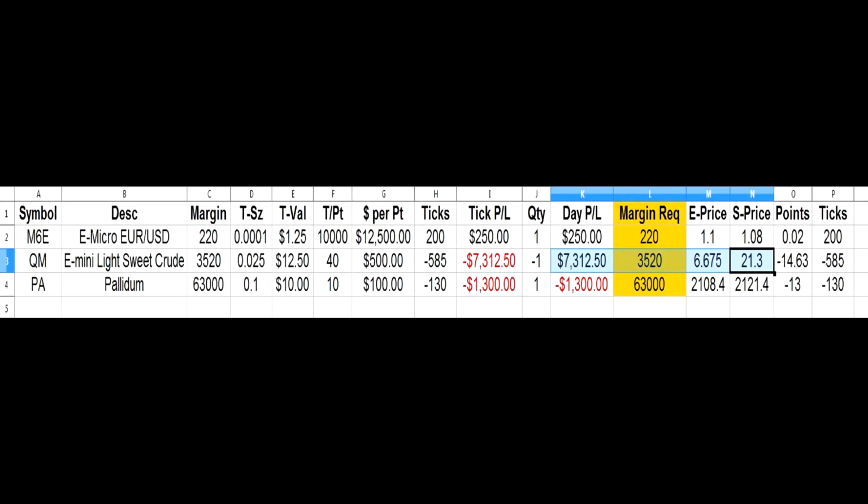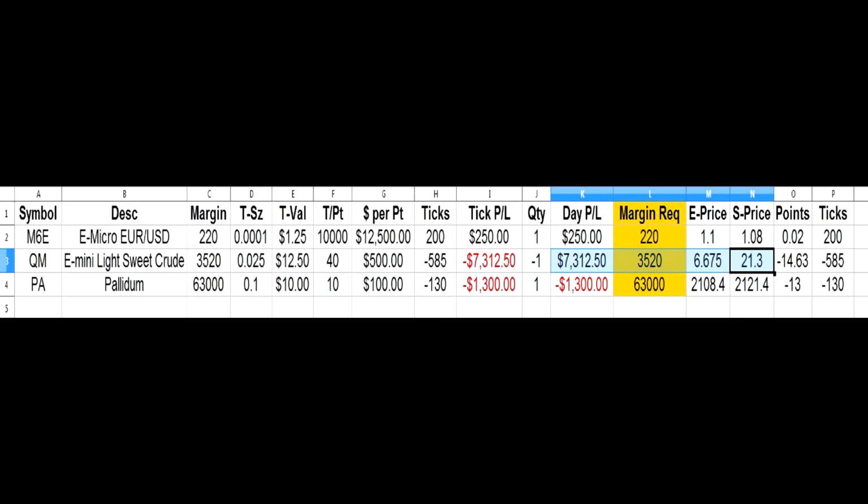Okay, let's take a look at the next thing. You'll notice on the screen now that on the second row, QM for E-mini light sweet crude, if you go to the right all the way to columns K, L, M, and N, you'll notice I have kind of highlighted in light blue there. Now, today being April 21st, 2020, light sweet crude oil futures crashed, like I mentioned earlier.